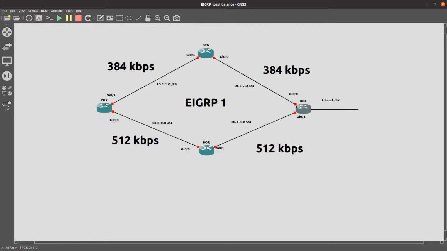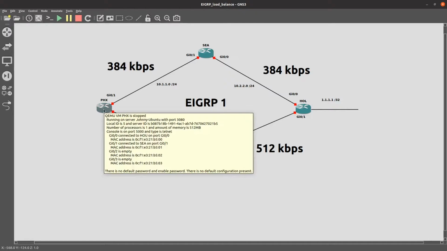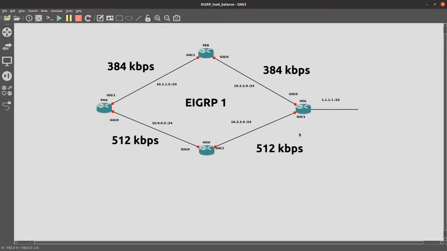So in EIGRP, as these routes get advertised at each hop, there's going to be a reported distance in K1, right? There's going to be a bandwidth, that's the K1 value, that's going to be added to the metric calculation, and that's going to be reported every step of the way to its neighbors as these routes reach the Phoenix router.